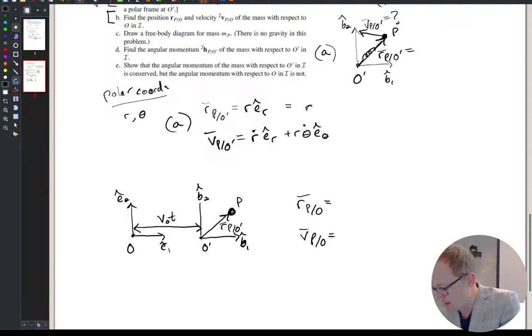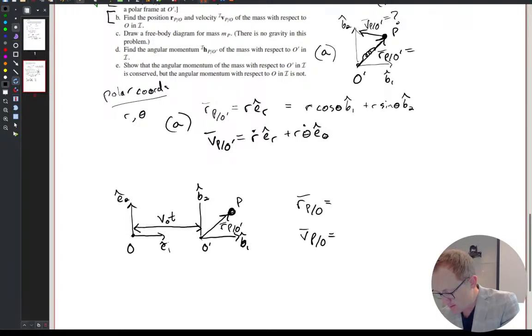So we could say this is actually our cosine theta along that B1 plus our sine theta along that B2, if we're trying to get everything into one frame where we can add everything up.